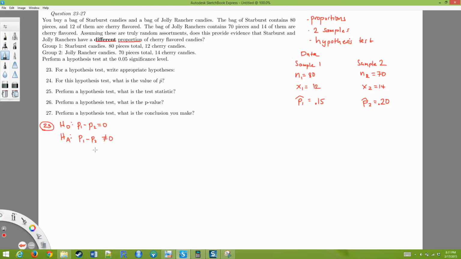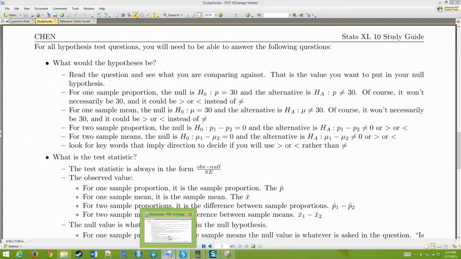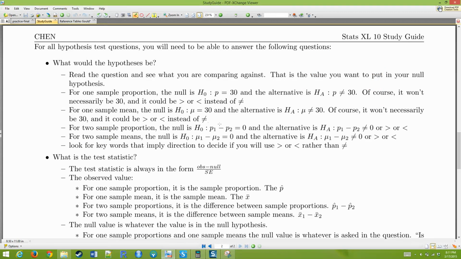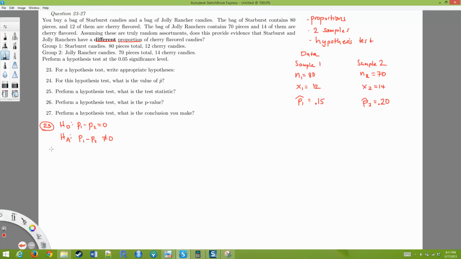Which means we have a two-sided test, right? Notice I'm using P, not P hat, not mu. Again, just follow what's written in the study guide. This is correct here. For two sample proportions, do this. There's no second guessing.